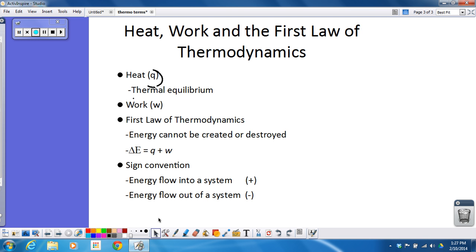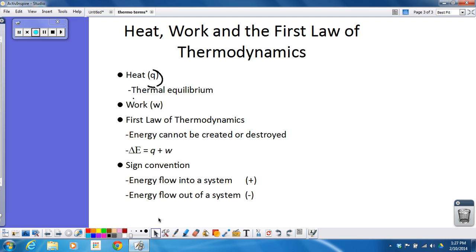Okay, heat and work are the two elements that give us the first law of thermodynamics. The first law of thermodynamics is energy can be neither created or destroyed. And you've heard that before. That's kind of the chemistry version of the first law of thermodynamics.